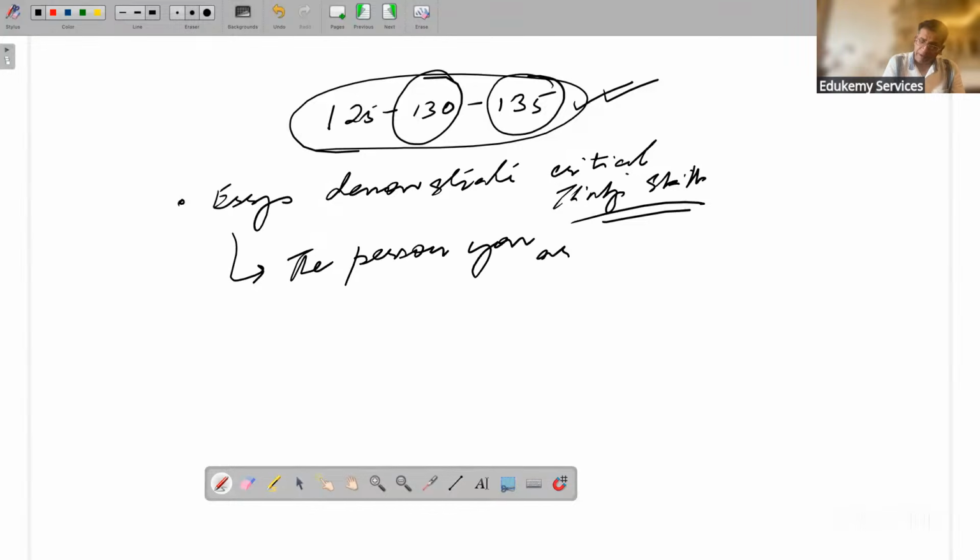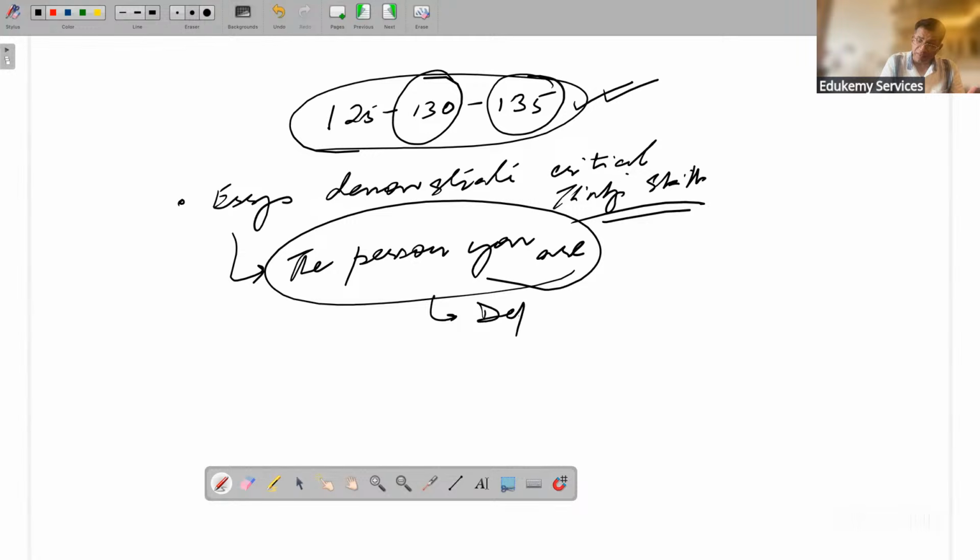ये person that you are का मतलब यही होगा that the essay must reveal the depth that you are capable of. The essay must reveal certain interesting debates. The essay should be addressing certain tension arguments.